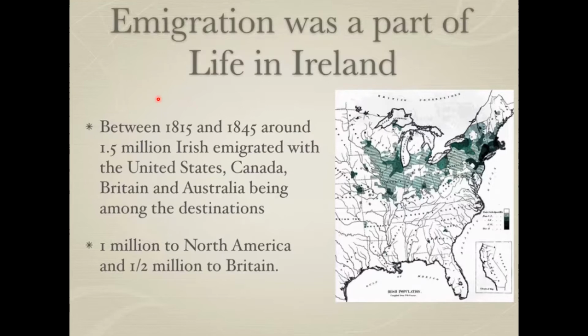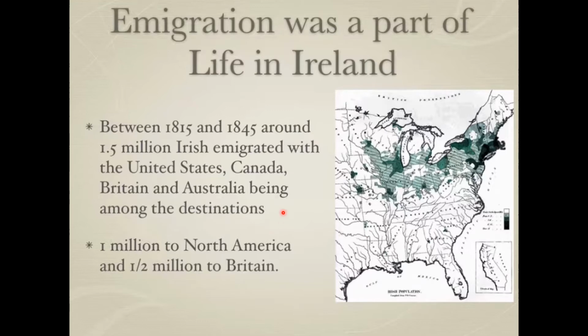Now, this happened even before the famine, and it continued after the famine. So this wasn't just something primarily due to the famine. It primarily started around 1815. Between the years of 1815 and 1845, around 1.5 million people emigrated to the United States, Canada, Britain, and Australia, being among the main destinations.